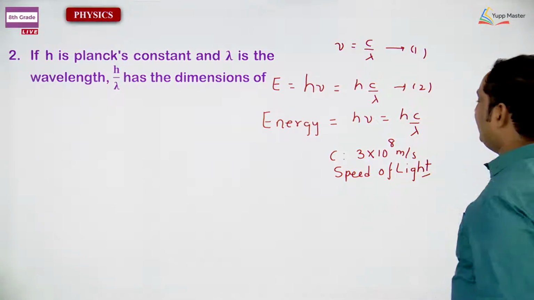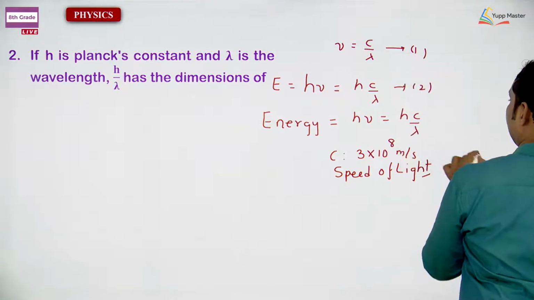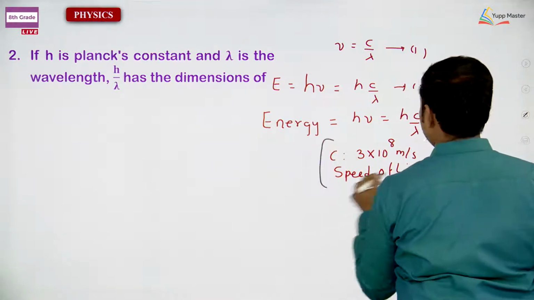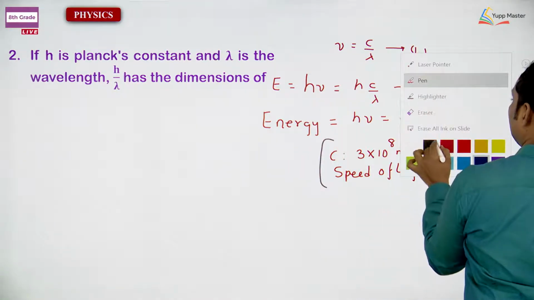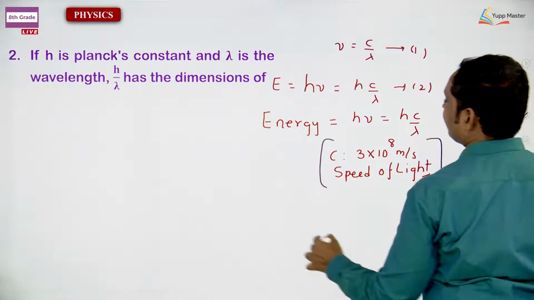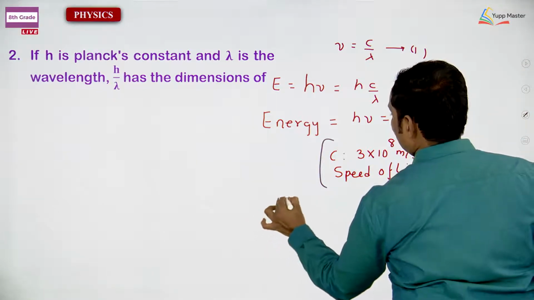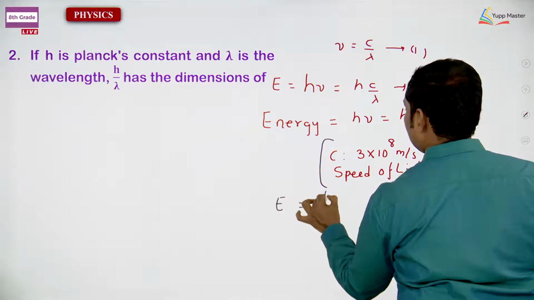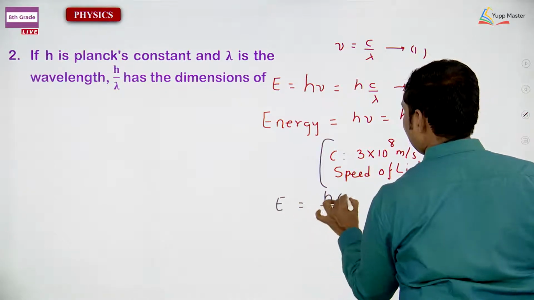You have to know this. So finally you conclude that E is equal to h by lambda into c.